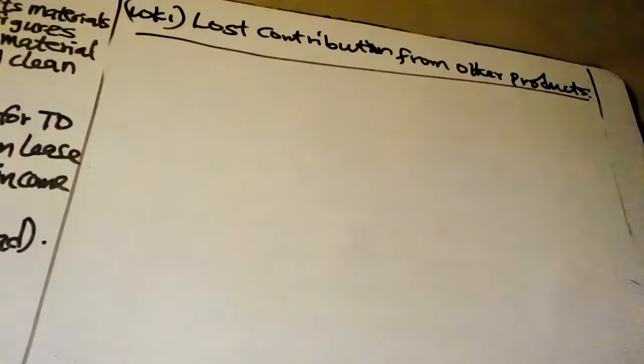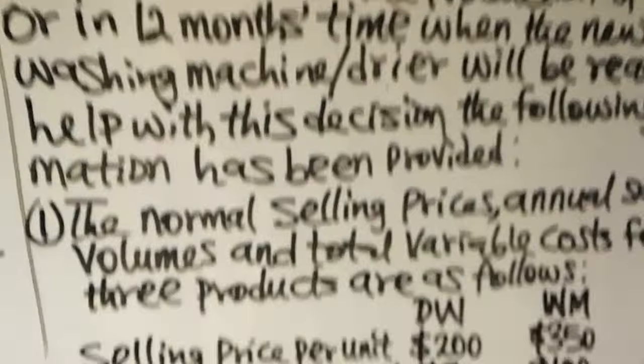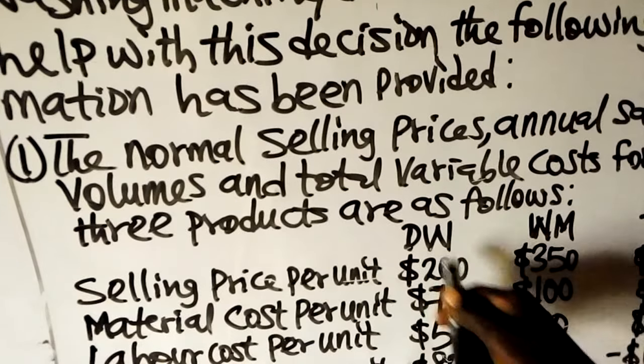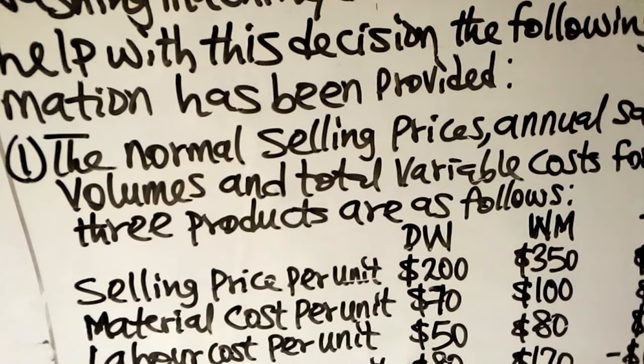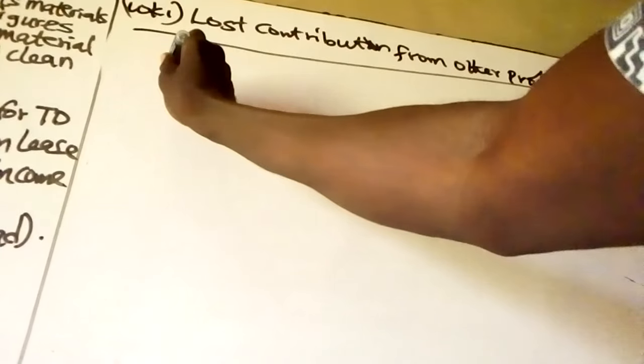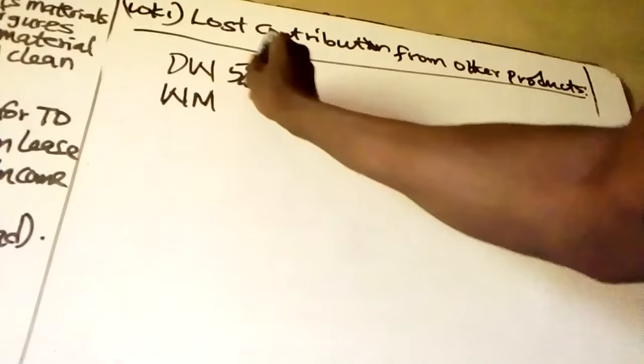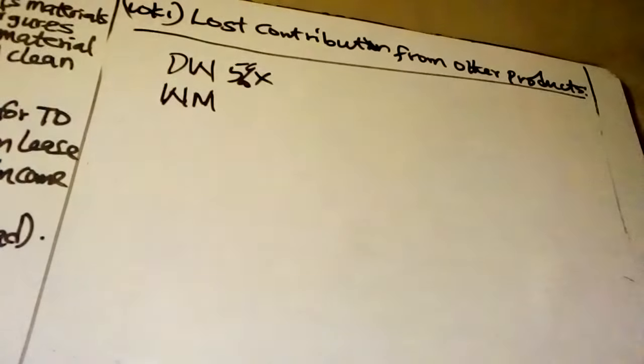The other products you are going to lose contribution from are DW and WM. You are going to lose 5% of the sales.